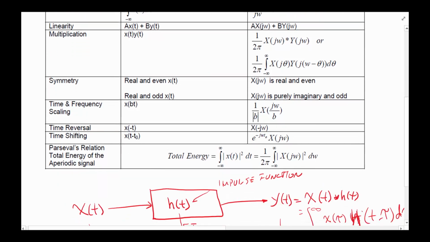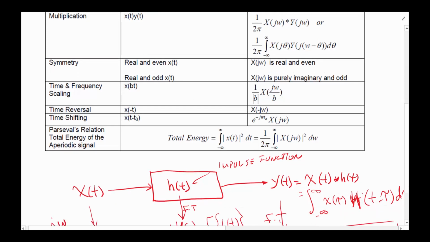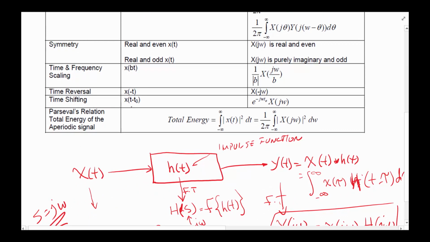And some of the symmetry questions, like real or odd, impact x of j omega. Frequency shift can be translated also. As you can see, we are multiplying the time by b, which means we are either shrinking or increasing the time scale, so that we can translate time reversal, x of minus t. We can do time shifting from one domain to the other.